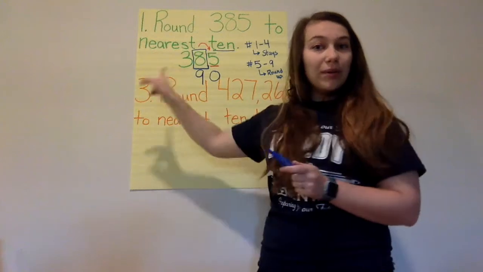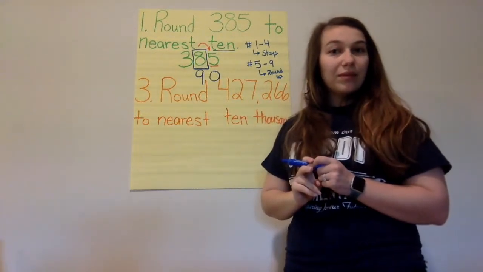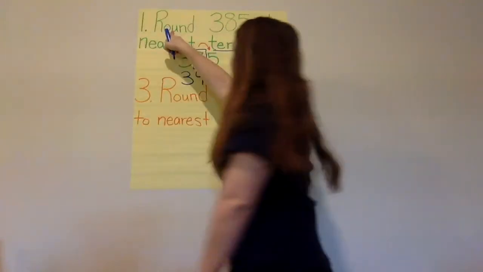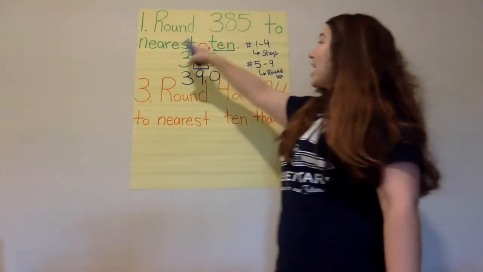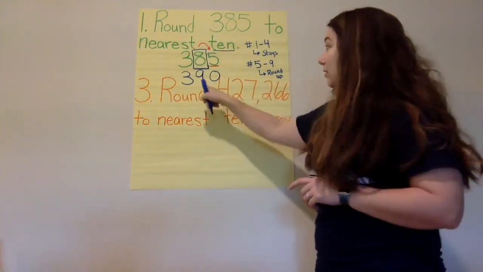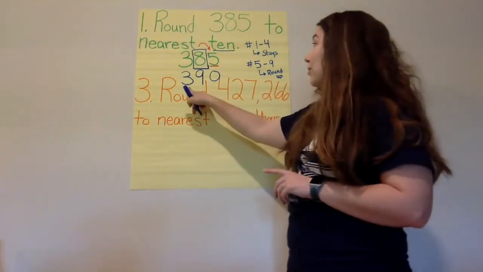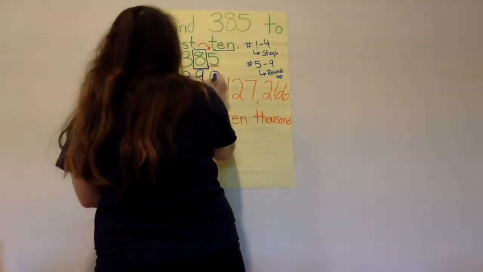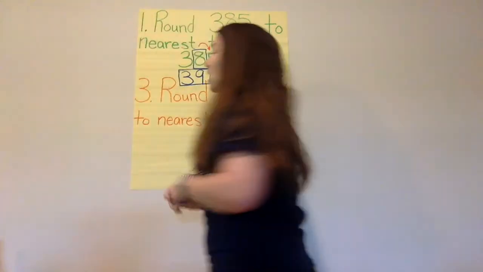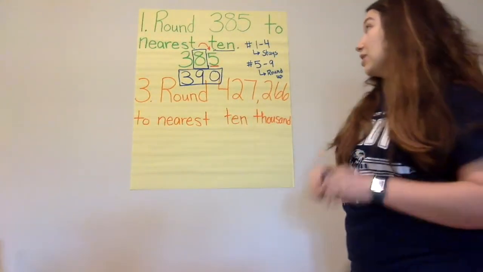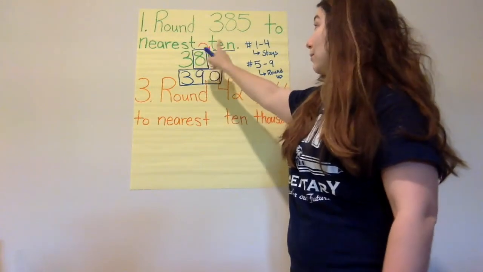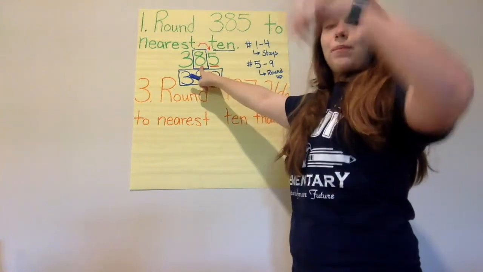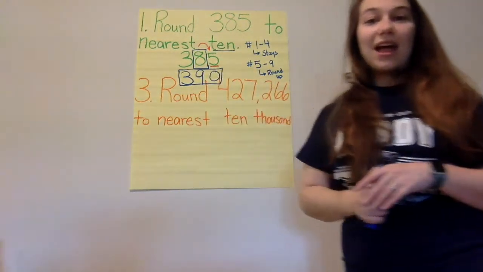It is the 3. So what are we going to do with that 3? It's going to stay the same. Very nice. So, if we're rounding 385 to the nearest tens, we end up getting 390. All right, so your answer for number 1 is 390. Because we're rounding in the 10 spot, but we have a 5 next door, it makes our 10 go up 1 spot, which makes it a 9.